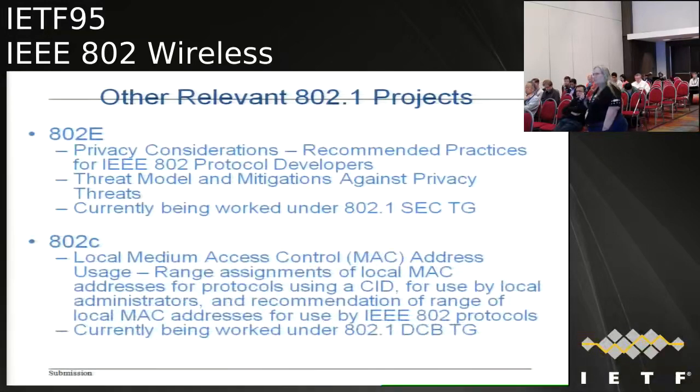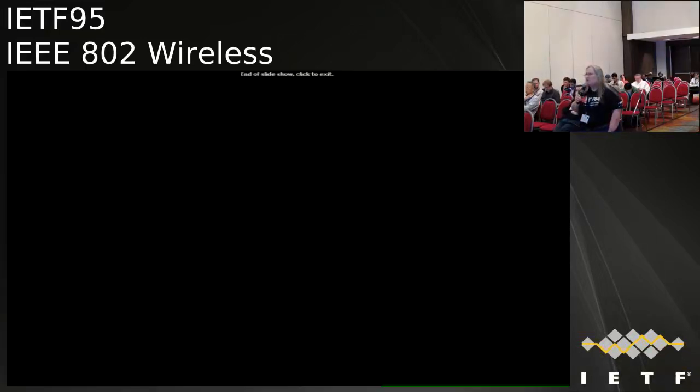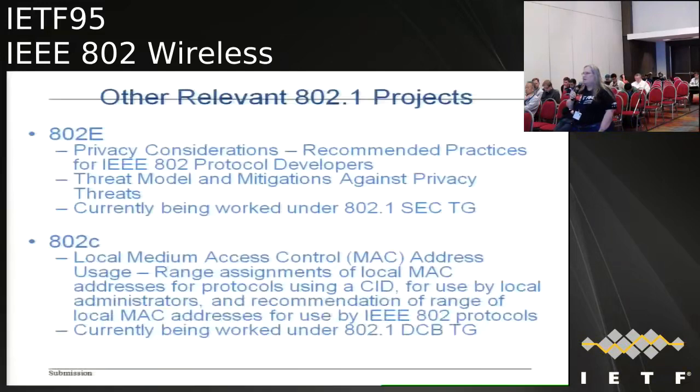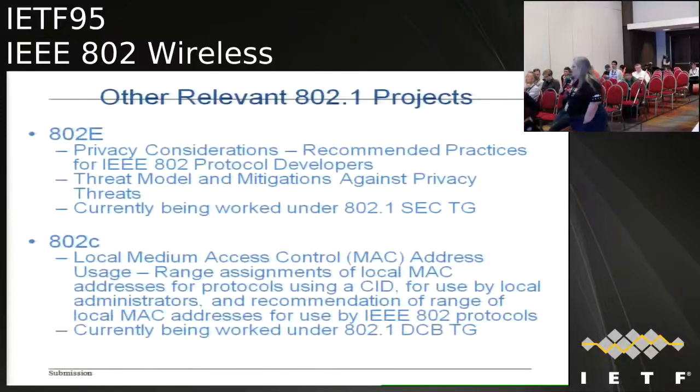And then we've got another project, which I don't know if you've got another slide on. It's very recent, so you might not have it there. Which one is it? It's 802.1CQ. CQ, okay.